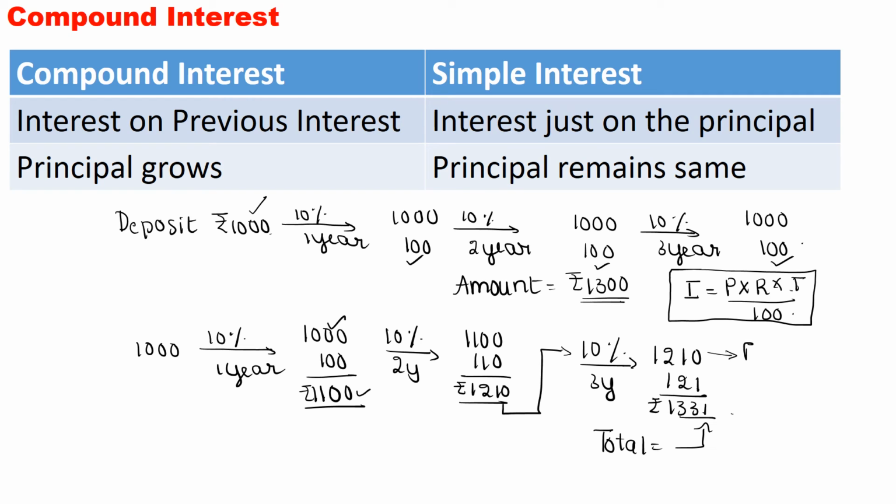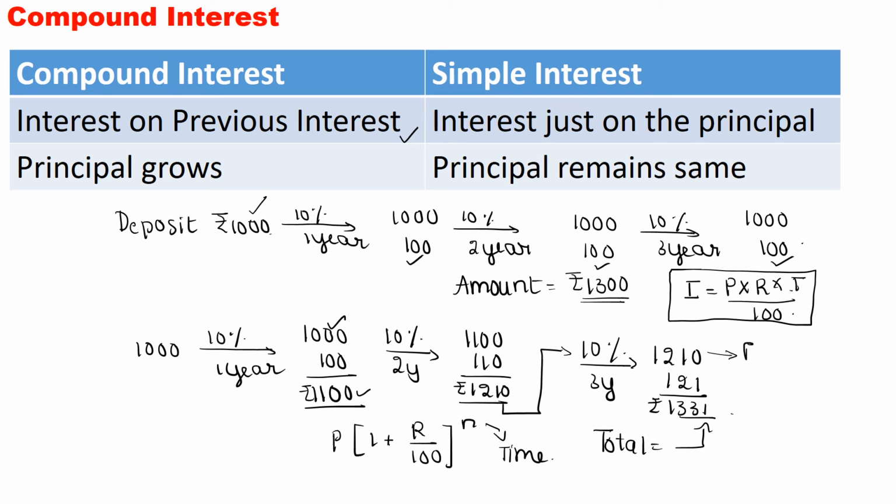The principal grows, the interest is on previous interest. And to find the total money, we have a formula: principal into 1 plus rate of interest by 100, whole power n, where n means time.